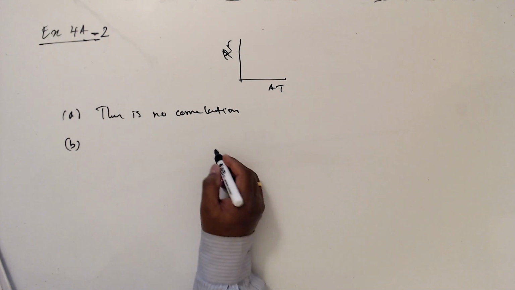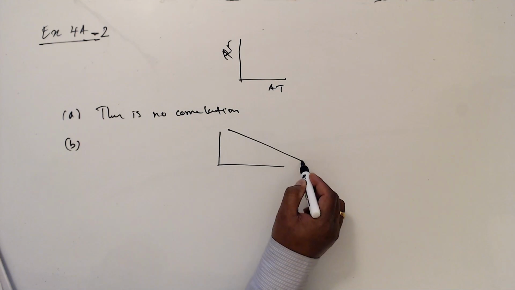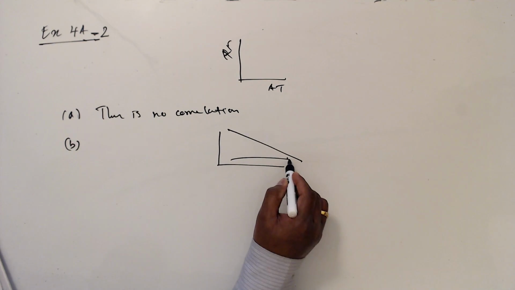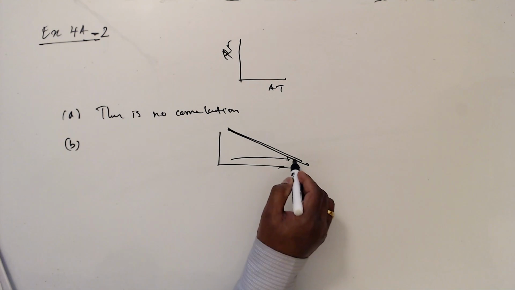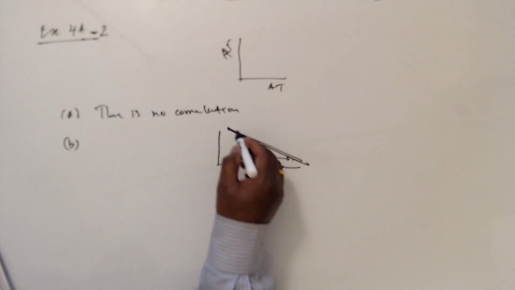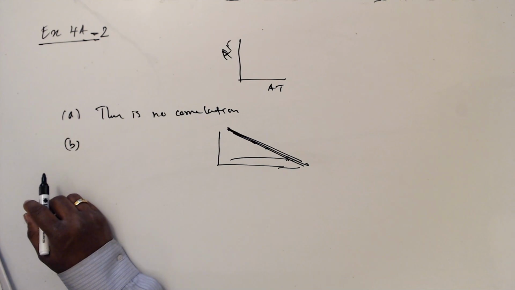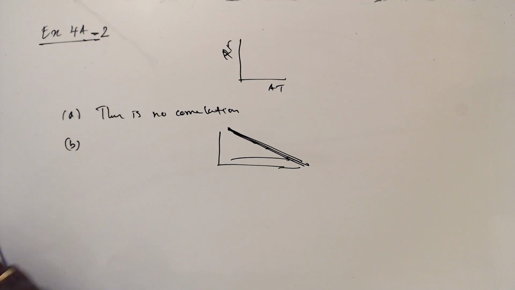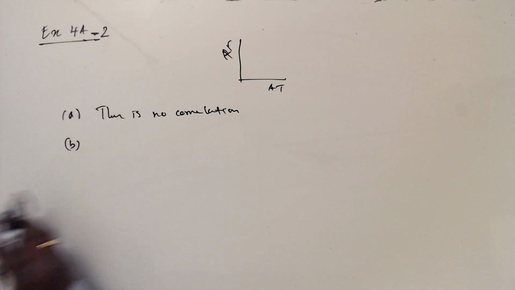Can you represent this scatter diagram with a line? It's not possible. So the graph does not support the statement.